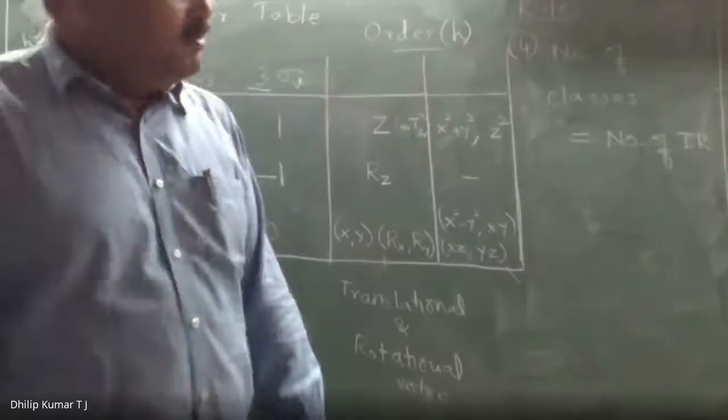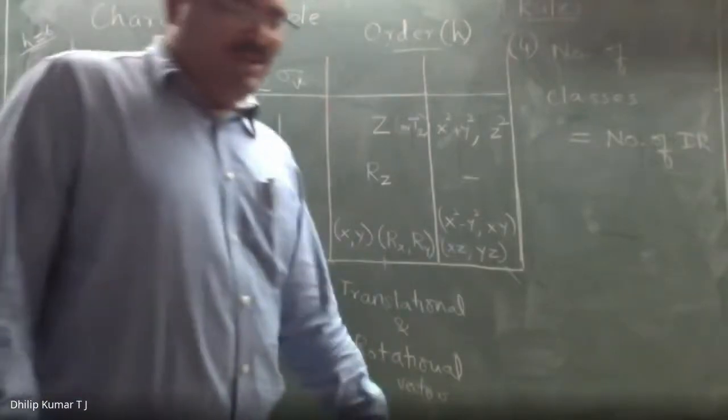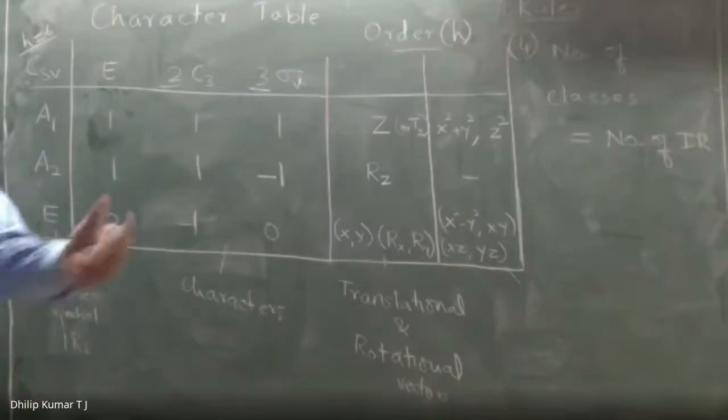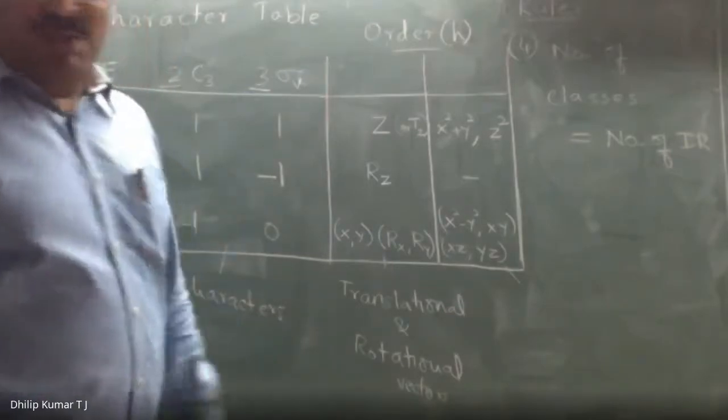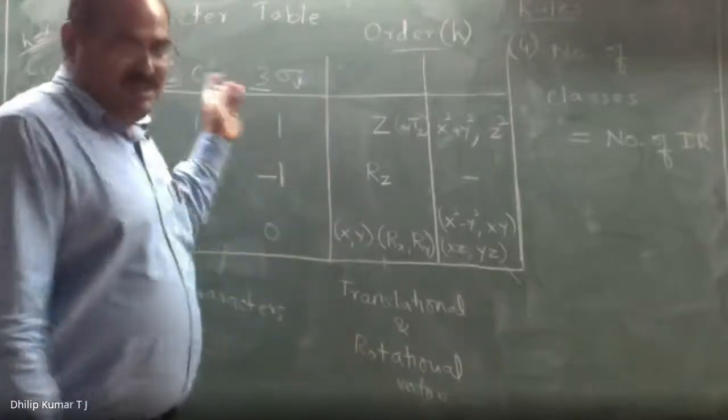Sir, please repeat rule number 4. Okay, rule number 4 is that the number of classes is equal to the number of IRs in the character table. A class or two back we saw how to compute the class, with the same example, the C3V group. If you perform a similarity transformation, you always get the same thing: either C3 or C3 squared, that is one class.